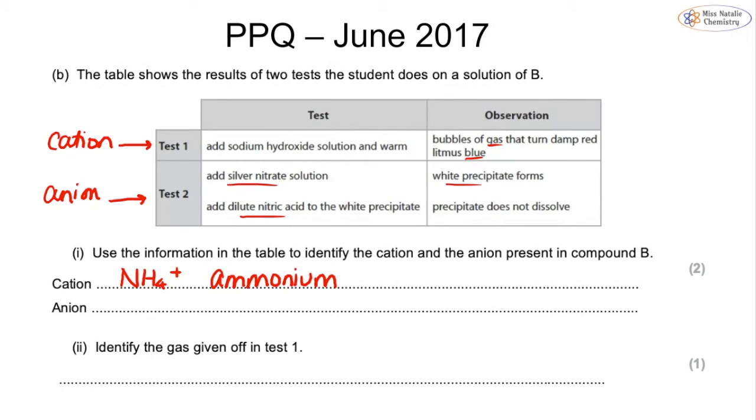And for our anion, it's the silver nitrate test, so we know that that's going to be one of the halides. And we have a white precipitate forming, so that tells us it is the chloride anion, or Cl-. And then the gas that is given off in test 1 that turns the litmus paper blue is NH3 this time, which is ammonia. Please make sure that you do distinguish between ammonium and ammonia.